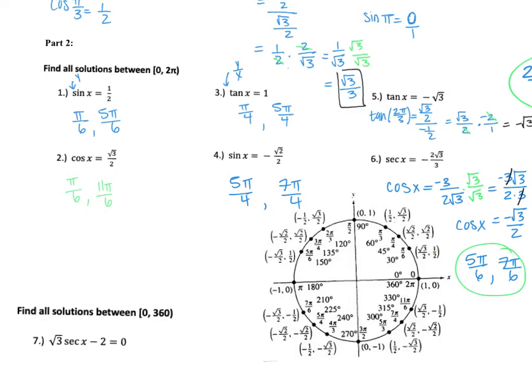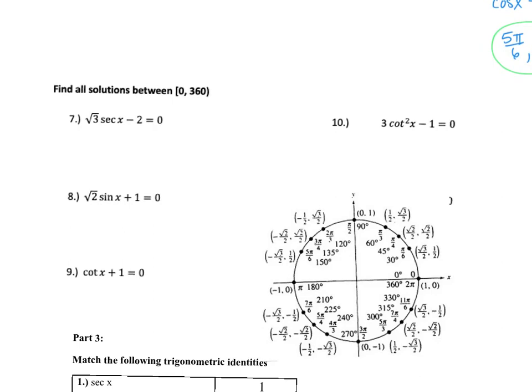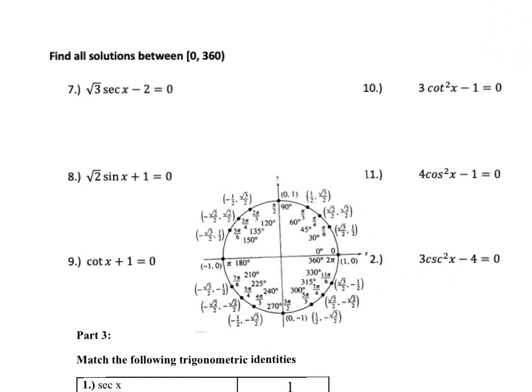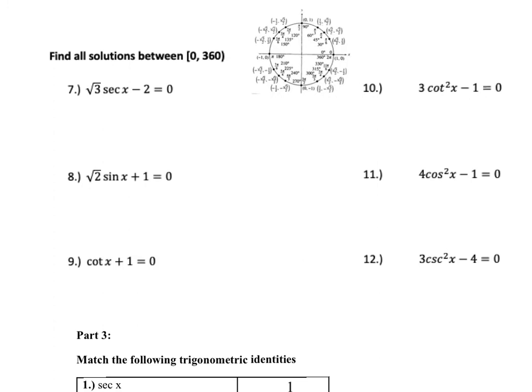All right, in the next problem, we're going to actually use equations, and we have to get the trig function by itself and then find it on the unit circle. It's the same thing we've done in the last few problems, where you find the trig function, get it by itself, and then use that value to find the angle on the unit circle.